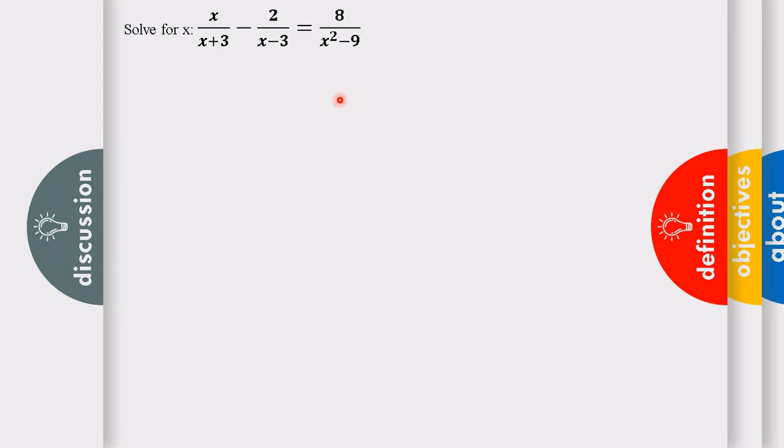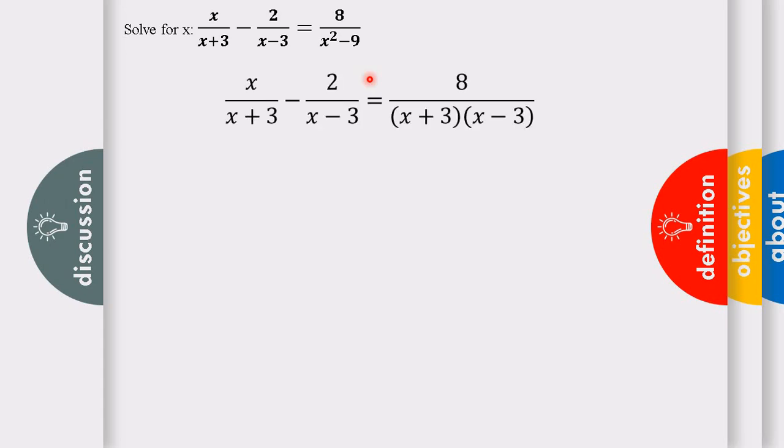So next example. It is a bit difficult. We have x over x plus 3 subtracted to 2 over x minus 3 equals 8 over x squared minus 9. The denominators are x plus 3, x minus 3, and we will factor x squared minus 9.